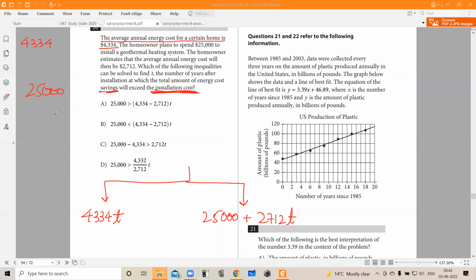Okay, so you're saying that 25,000 is the installation cost, and we are exceeding the installation cost. That means it's bigger, right? Yeah. The total amount of energy cost savings is 4,334 minus 2,712 T, and you're saying that 25,000 is greater than this. Yes. Okay, I'll check it first.